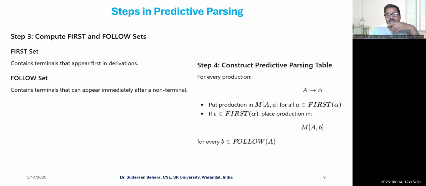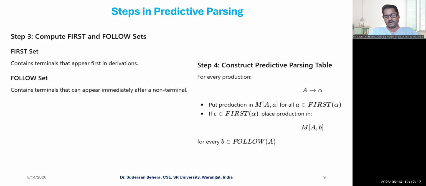If epsilon is there in the first of alpha, then put that production A derives epsilon in M of A comma B, where B is a follow of capital A.